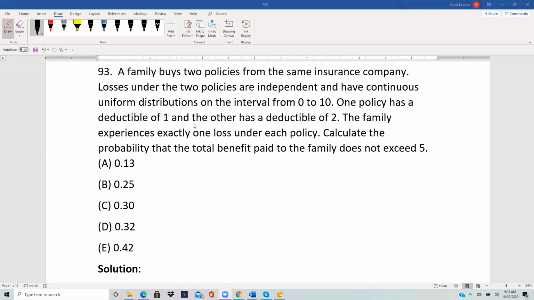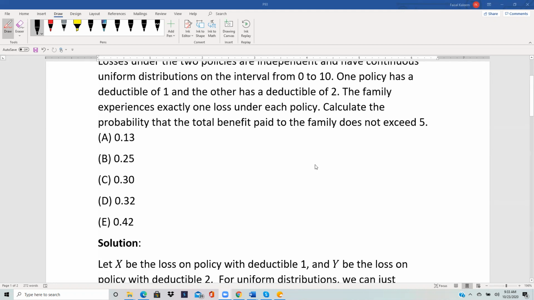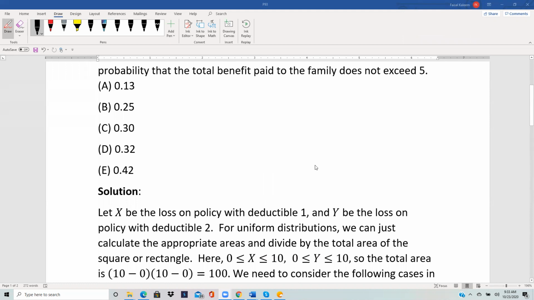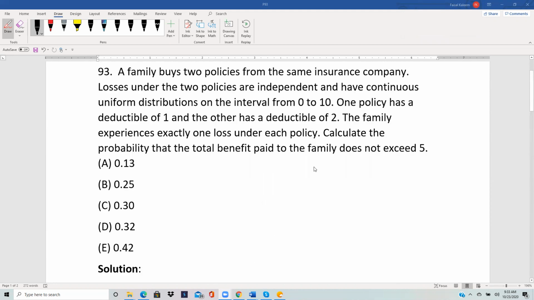So one easy way to do it is to split it up in two cases. First we let X be the loss on policy, because the uniform distributions that we are given are for the loss, whereas the problem that we have to do is for the benefit, and the benefit is not quite the same as the loss because of the deductible.